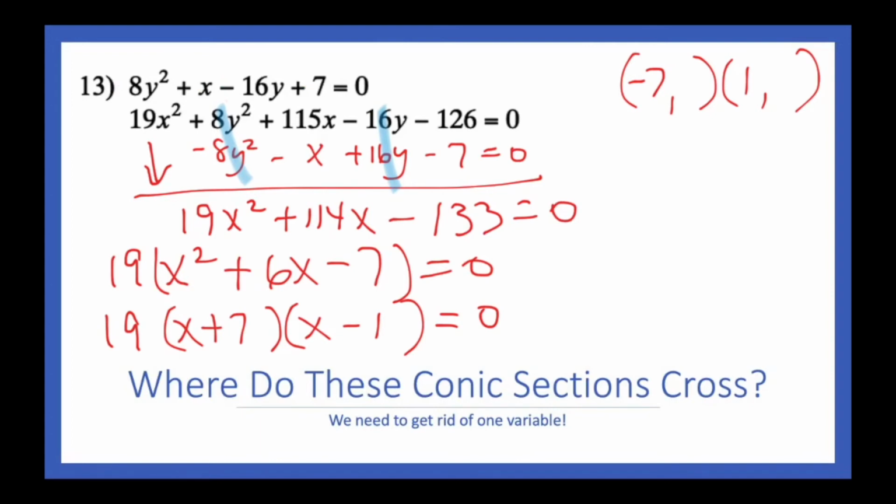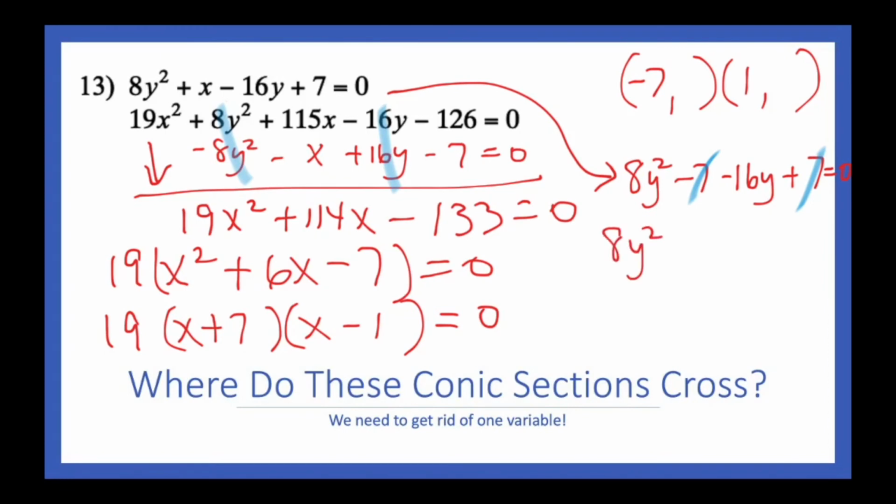Let's plug it into the top one here. Let's plug the negative 7 in. We're going to have 8y squared plus negative 7, or minus 7, minus 16y plus 7 equals 0. It looks like these cancel out, and I'm left with 8y squared minus 16y equals 0. Take out an 8.